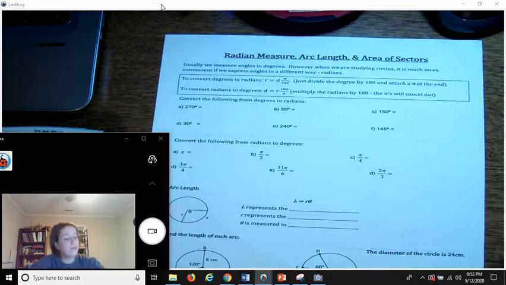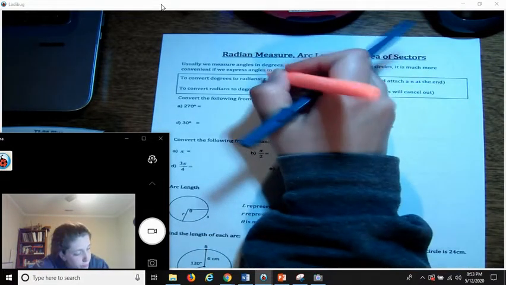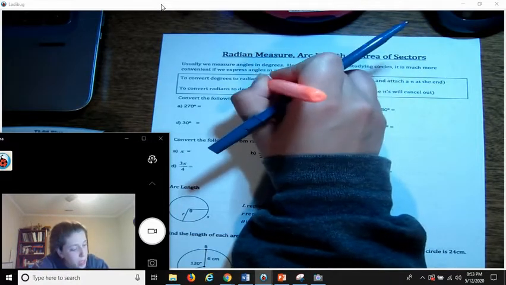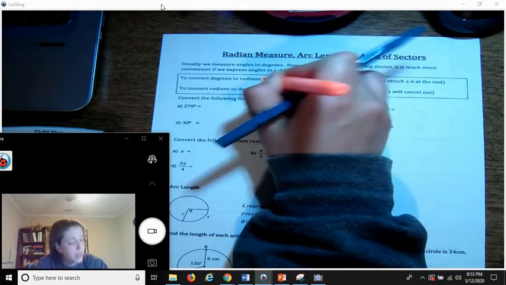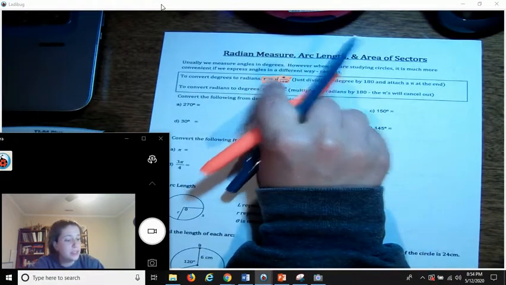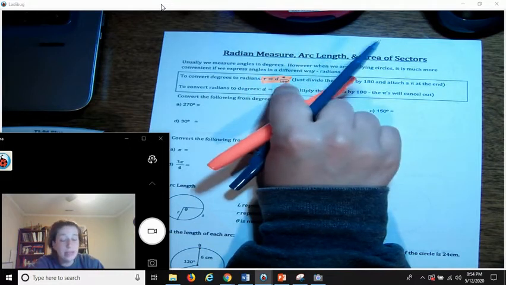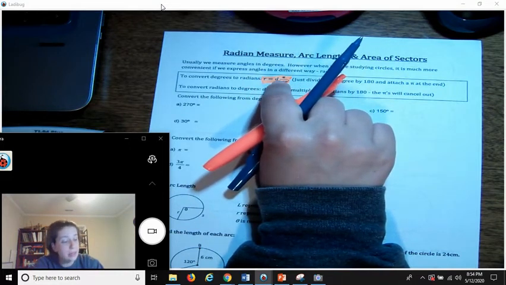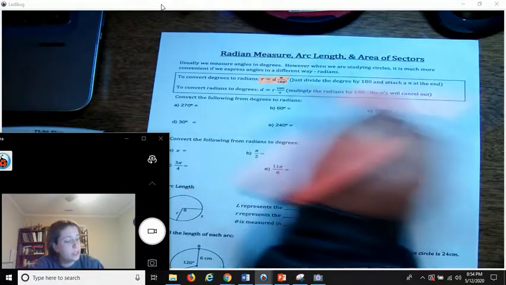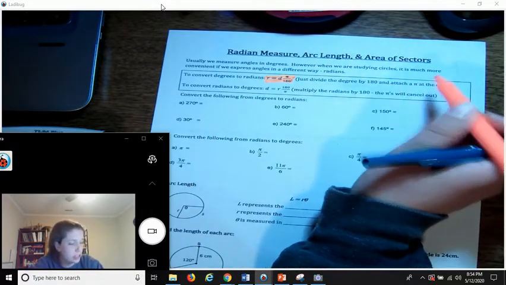If we have degrees and we want to convert to radians, we want to isolate radians, the R right here, and we use this formula. It's D, the degrees that we had, times pi, 3.14, divided by 180. So we just divide the degrees by 180 and attach the pi at the end.